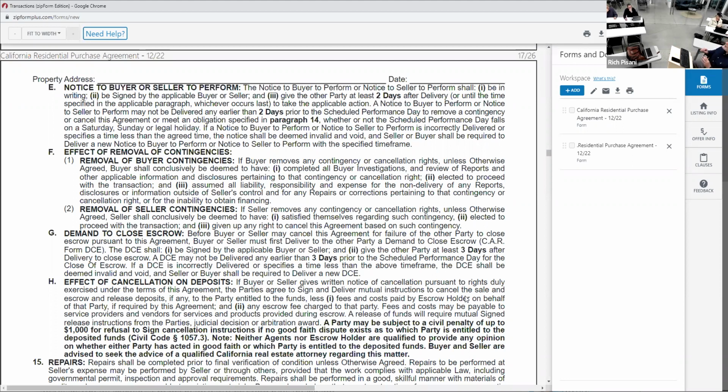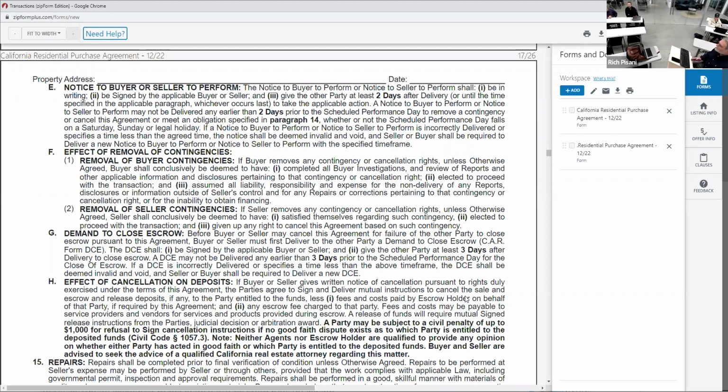It only means that they have the right to cancel. Because a lot of times agents will wait, and it's supposed to close on Wednesday, and they wait until Wednesday to give the demand to close, and then they've lost those 3 days. So now you have to wait another 3 days. Well, then it goes into a weekend. It can't end on a weekend.